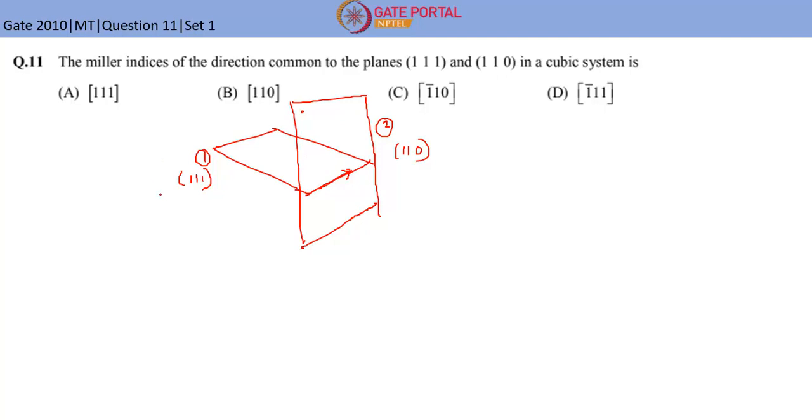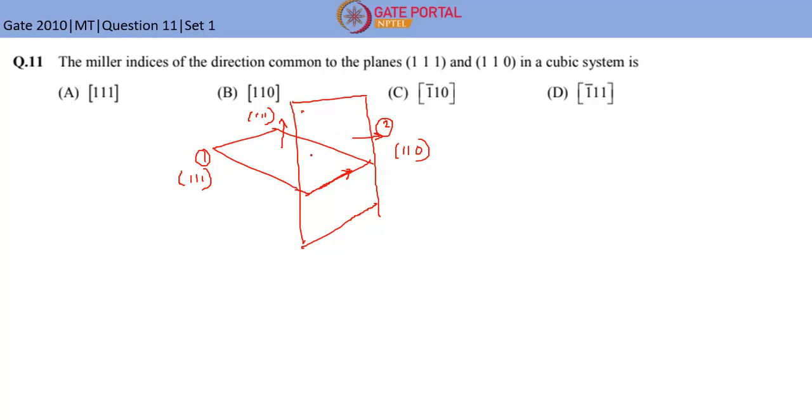Hence, if we imagine 111 as the normal of this plane, and this will be the normal of another plane, let's say this is 110. Both these normals will be perpendicular to the direction lying in both these planes.